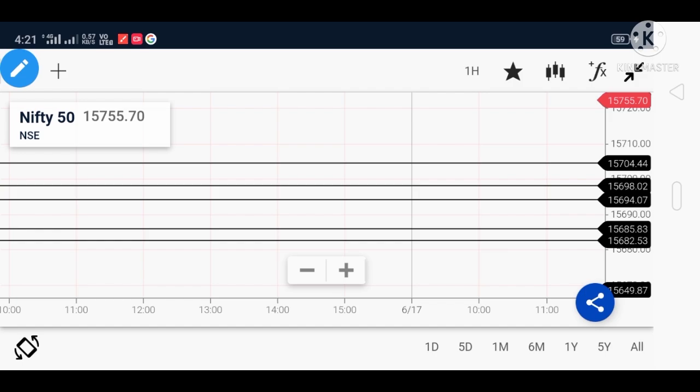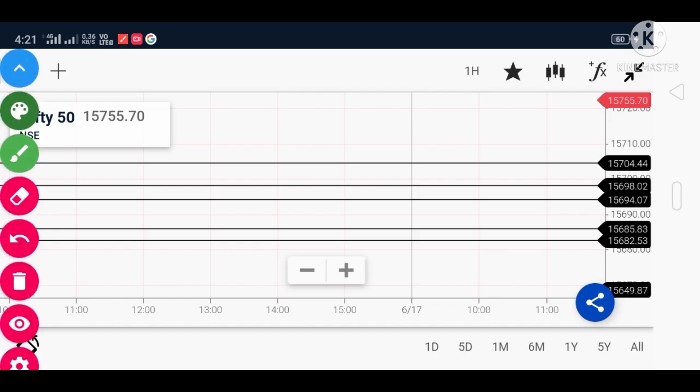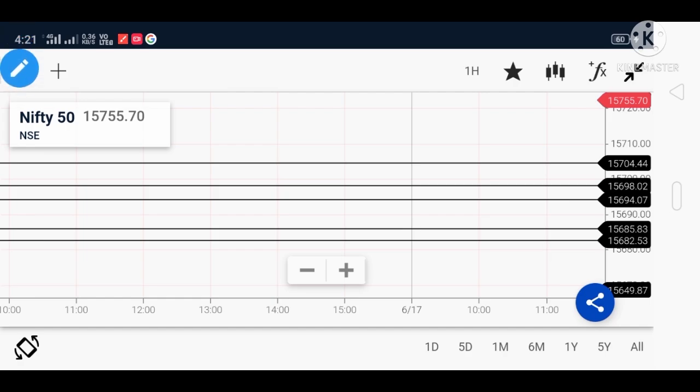So in all these 5, how we will match is, we will again do the same thing. We will find the difference. So 15704 minus 15698, we get almost 6 points, right? So let's write this. This is a 6 point difference.